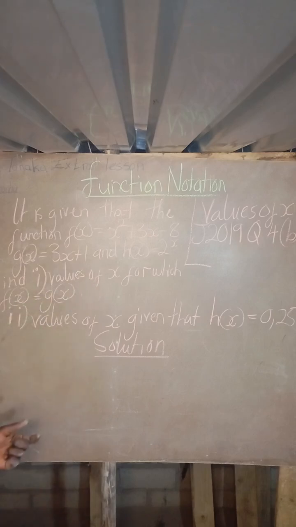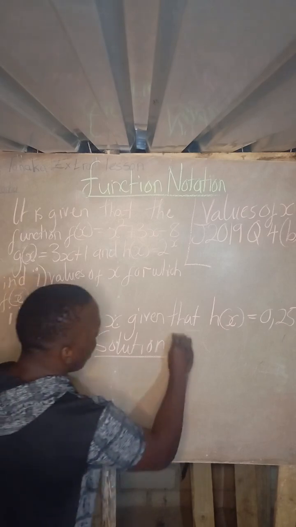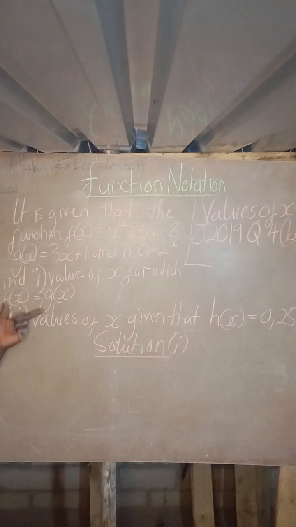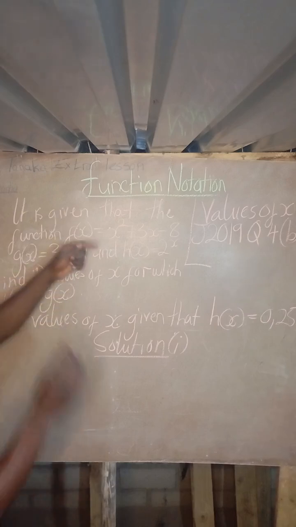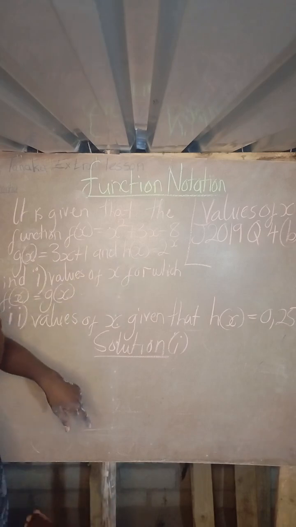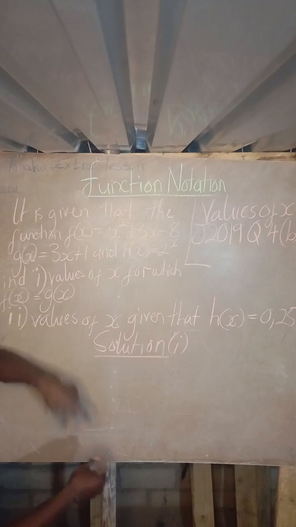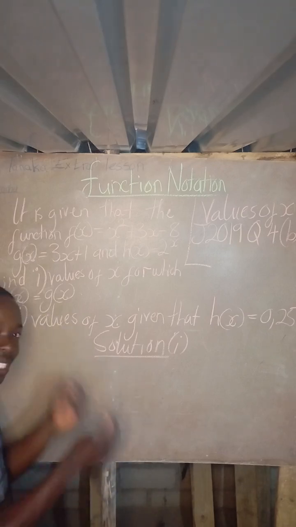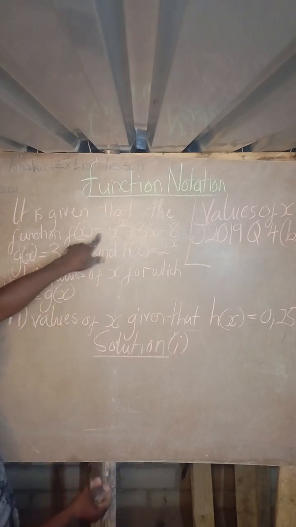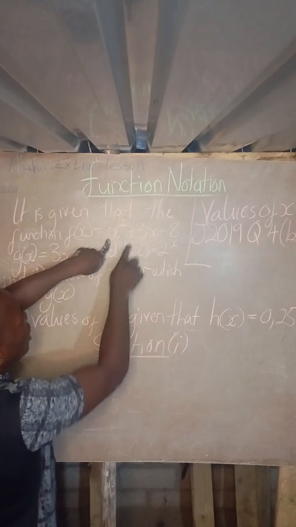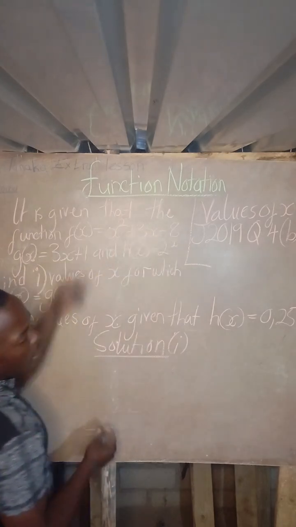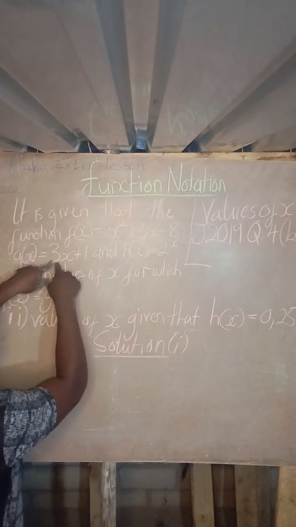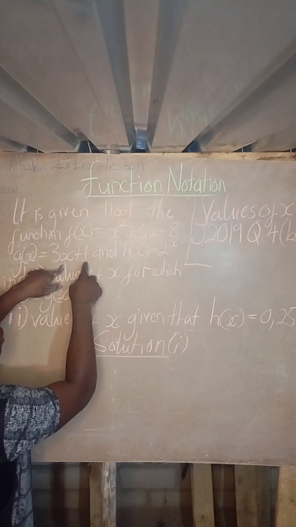Now, solution for item number 1. This is solution for item number 1. Item number 1 is to find f of x equals g of x. First of all, we want to find my values of x. Now, f of x is x squared plus 3x minus 8, and g of x is 3x plus 1.